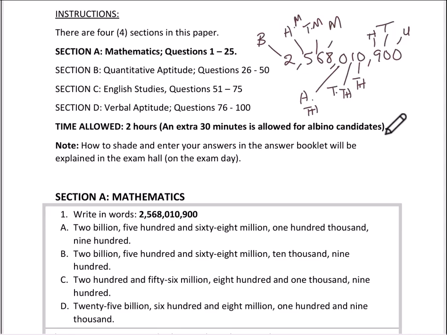No, A is wrong, it's not 100. Option B is 2,568,010,900. B makes sense. Let's see C. 200, no, it's billion. 25 billion, no, that's wrong. So option B is the right option.